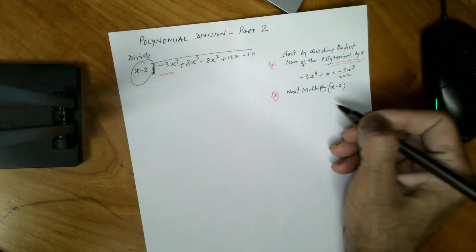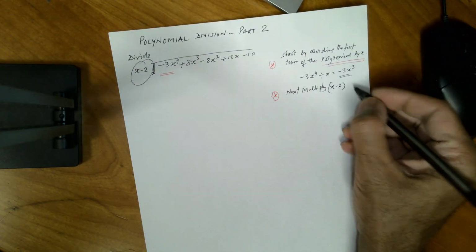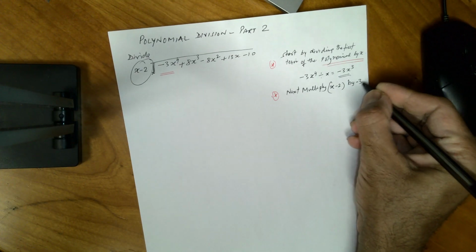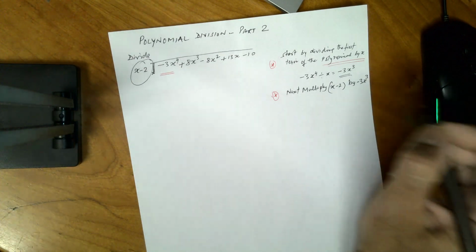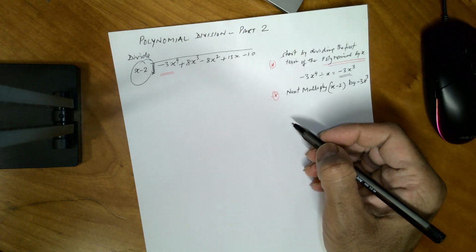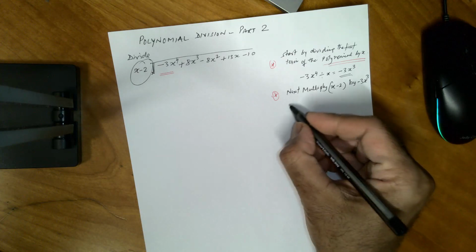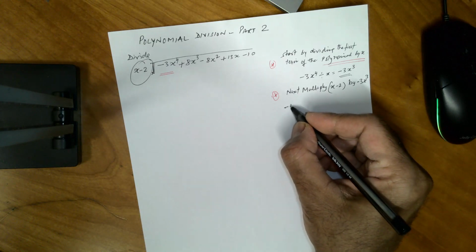Right, so multiply x minus 2 by minus 3x cubed. I can write this down here now.